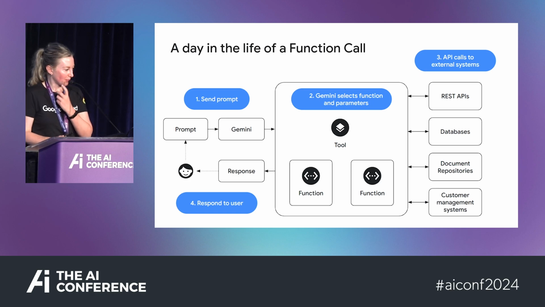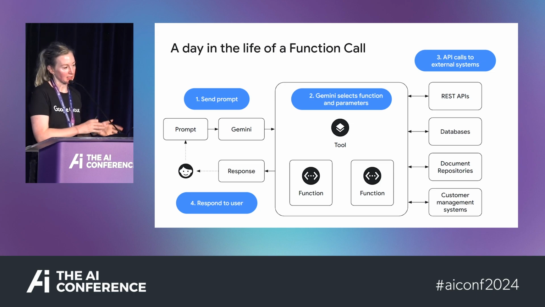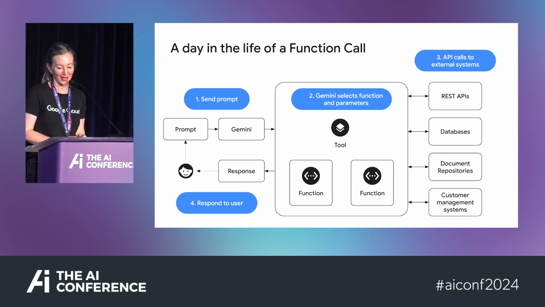So just to zoom back and summarize what we've seen here in some of these examples, end-to-end, what is the function calling actually doing? At the very beginning, and you've probably had this experience as a user of consumer chatbots, you're putting in some kind of prompt. So maybe it's, how do I get concert tickets in this town? Or, how much of our monthly budget have we spent this month?